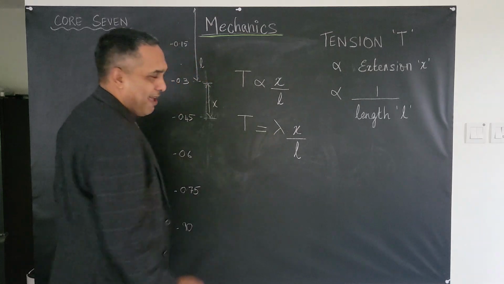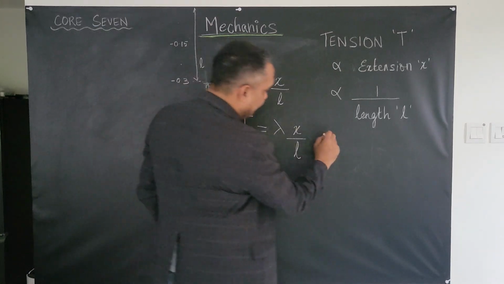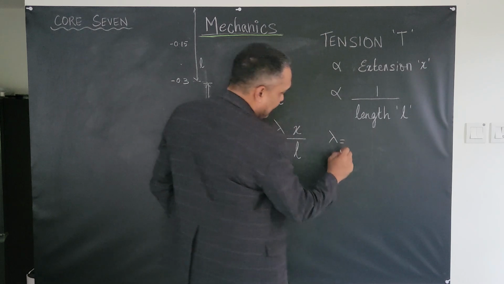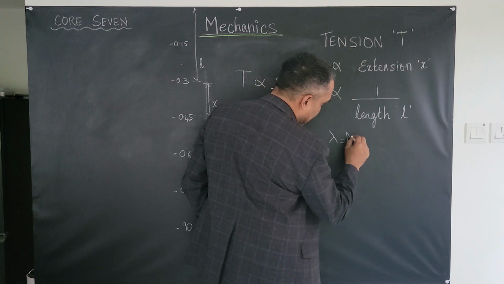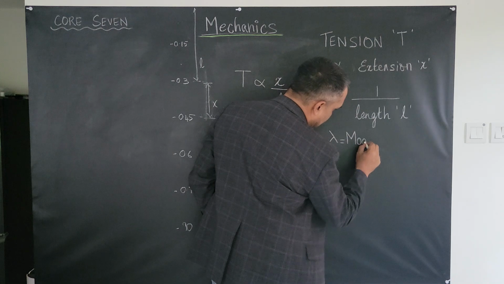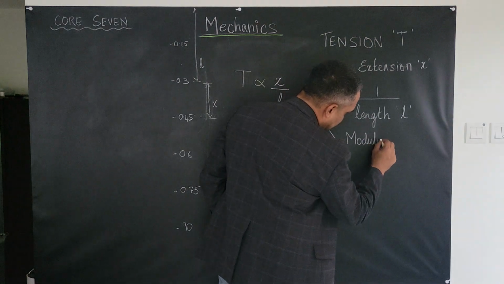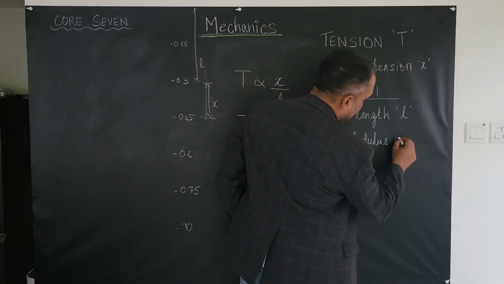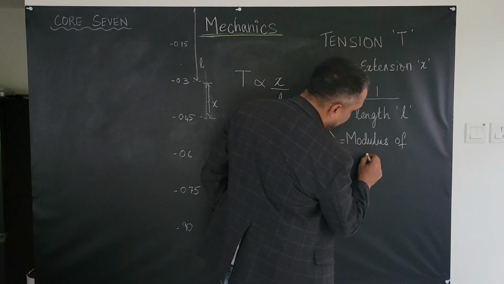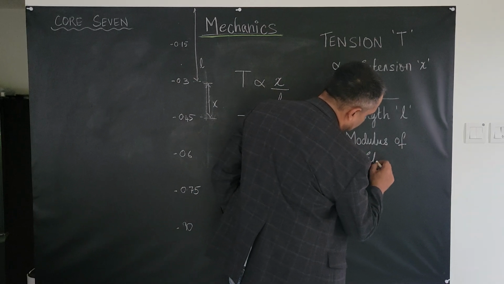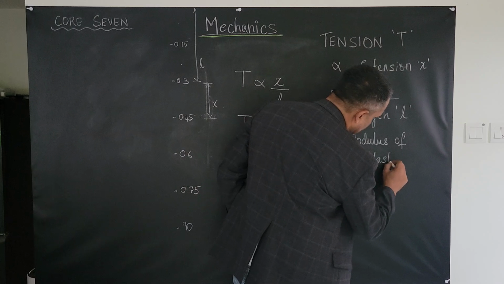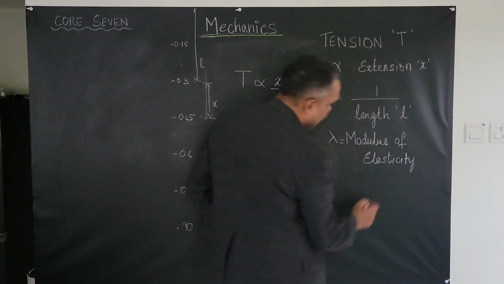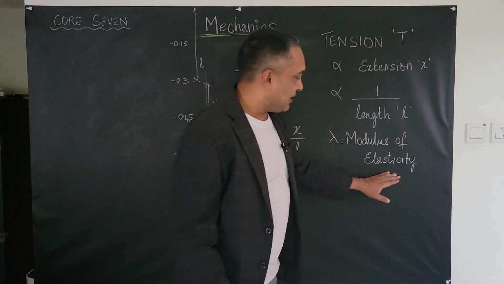and we're going to define lambda as a property of the material. We're going to call it the modulus of elasticity.